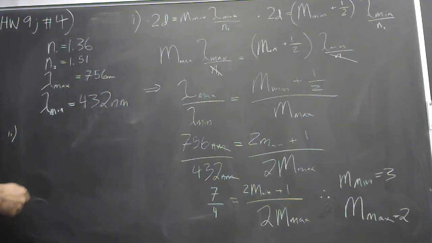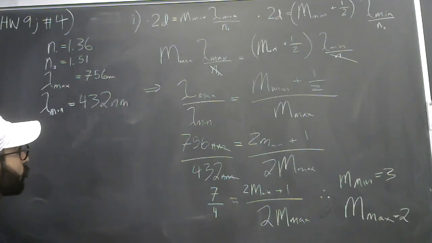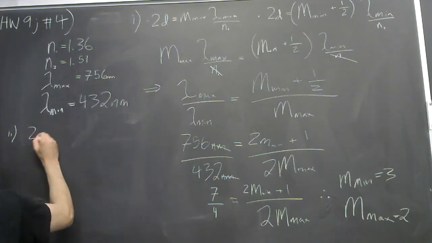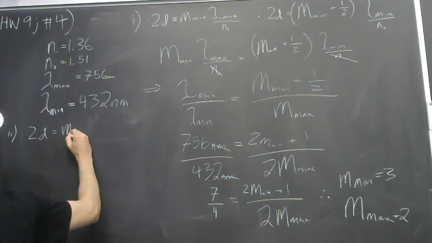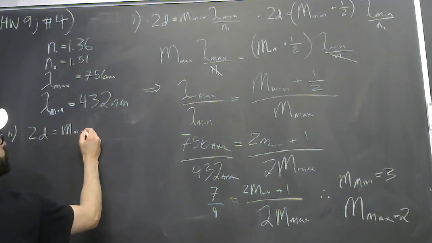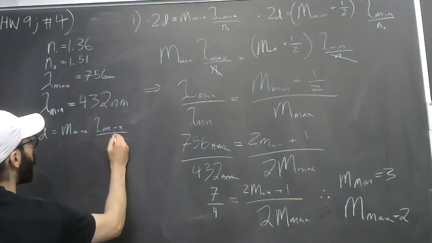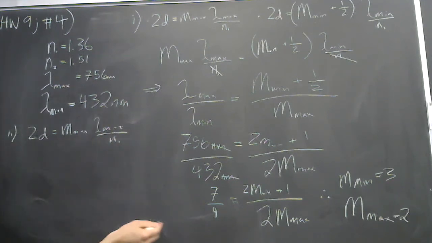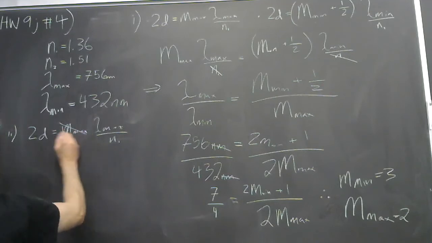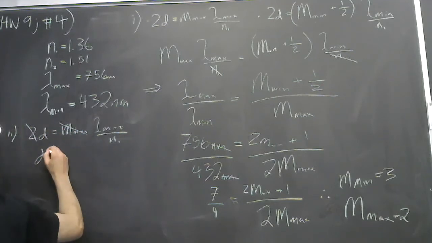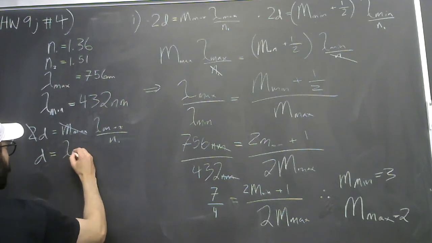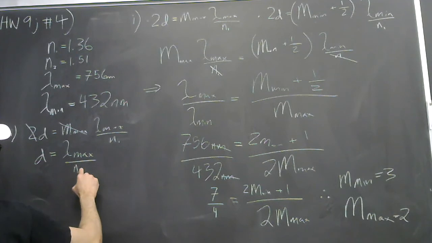Right, part 2. So I'm probably just going to pick the one without the plus 1/2 because it's easier for me to imagine. So 2d equals m max lambda max over n1, where we remember that m max equals 2. So m max and this 2 cancel out. So then d essentially just equals that lambda max divided by its index of refraction of alcohol, 1.36.